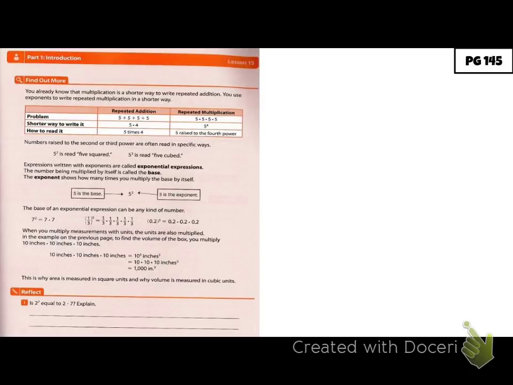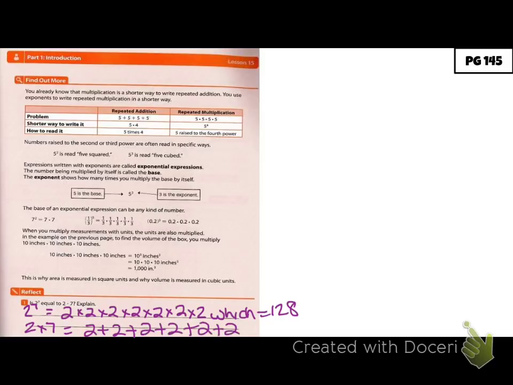So if we think about this, 2 to the 7th is equal to 2 times 2 times 2 times 2 times 2 times 2 times 2, which equals 128. 2 times 7 is equal to 2 plus 2 plus 2 plus 2 plus 2 plus 2 plus 2, which is equal to 14. So no, they are not equal.